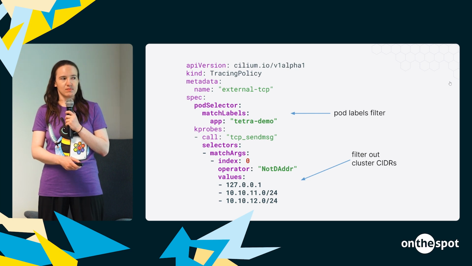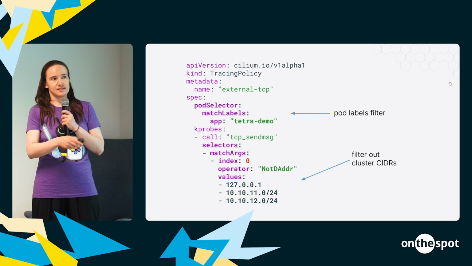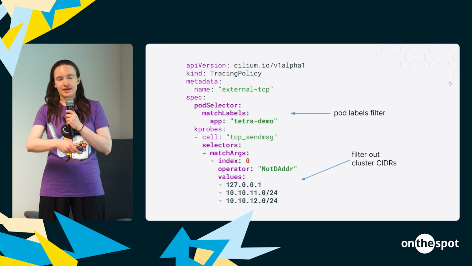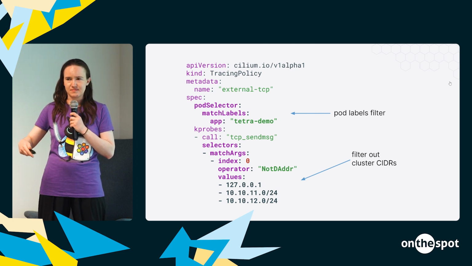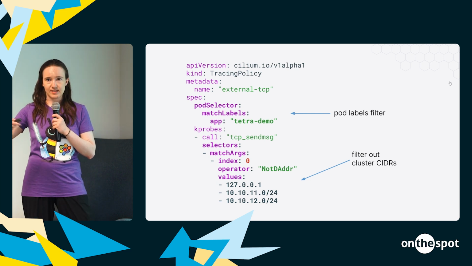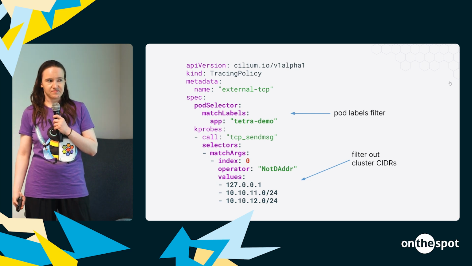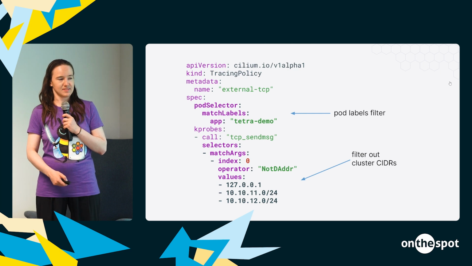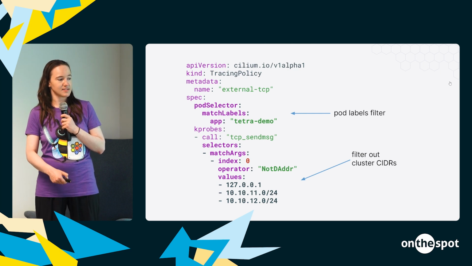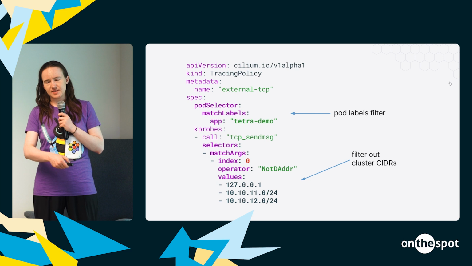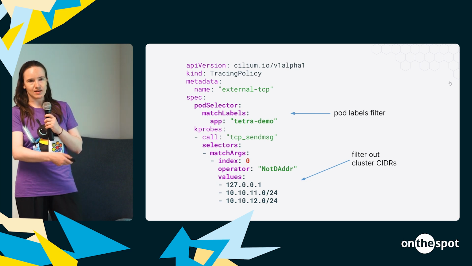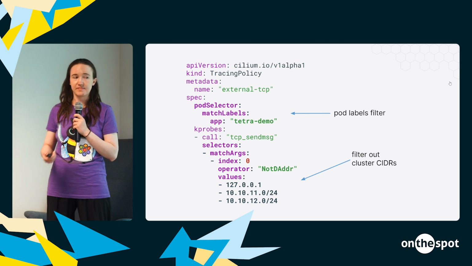This is an example where we want to monitor only external traffic, connections external to the cluster. So here in the list, we put pod CIDR, service CIDR, and localhost. They will be ignored, and we'll get events for everything else.